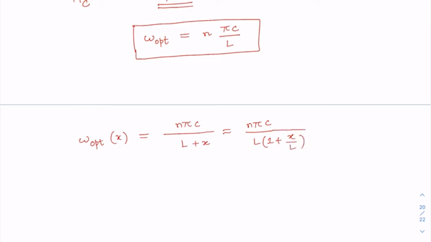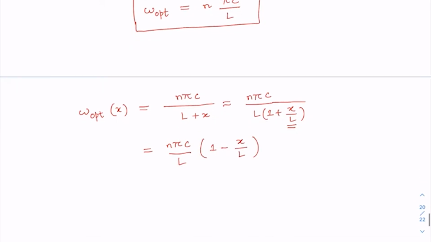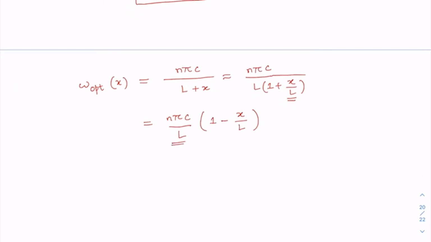Okay, now this quantity is very small compared to 1, so therefore I can write it as n pi c by l. I can expand it as 1 minus x by l, and this quantity is nothing but the omega optical with the fixed length, and the whole thing, then I can write it as 1 minus x by l.